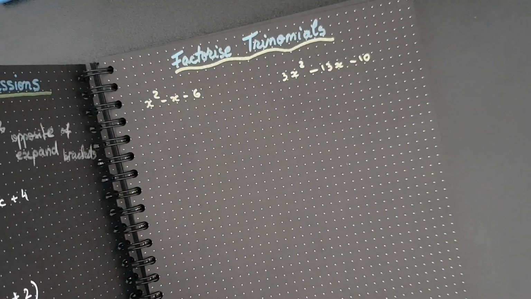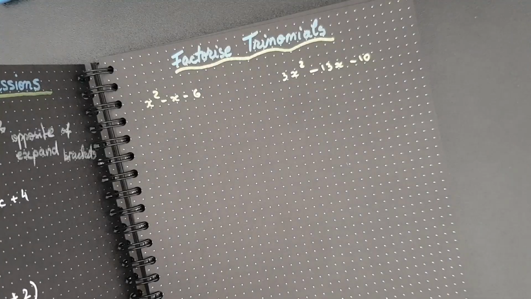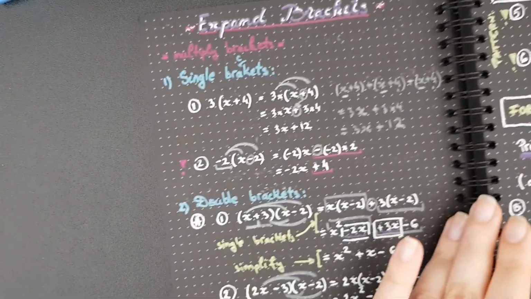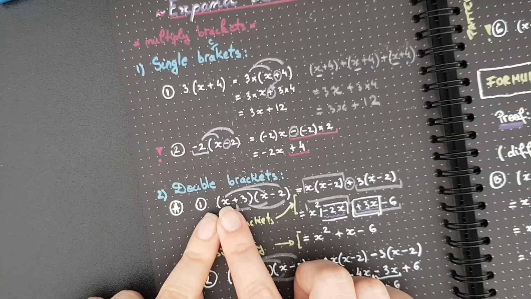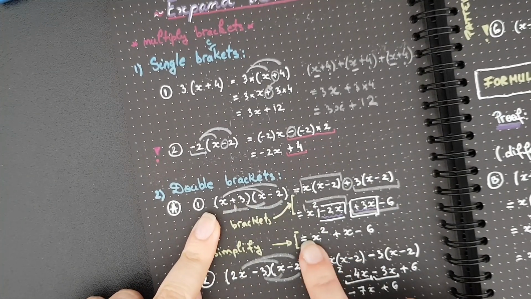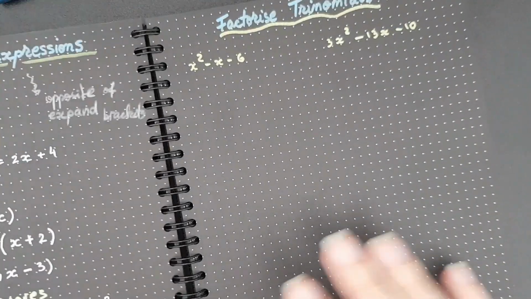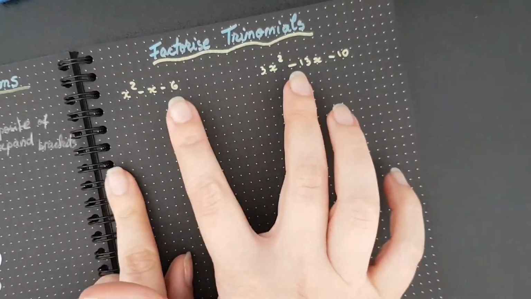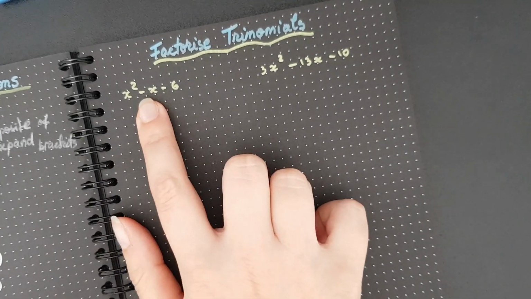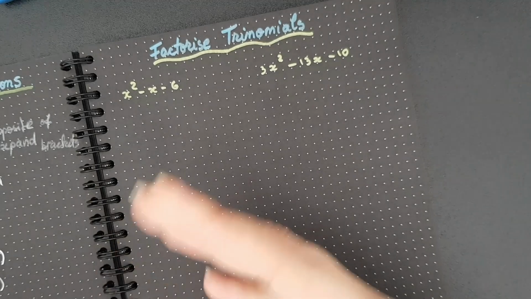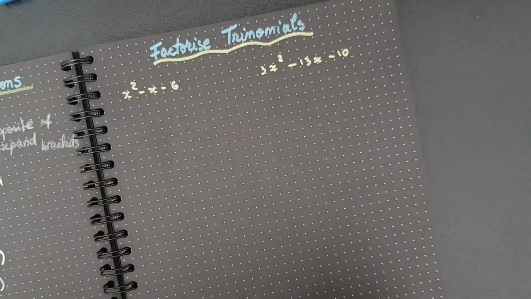So I'm actually going to go back a couple of pages from here and show you things like this. See, when you get two brackets multiplied together, your final answer is a trinomial. So this is what we're going to be working on today. We're going to see if we can find a way to factorize these two to get the two lovely brackets.